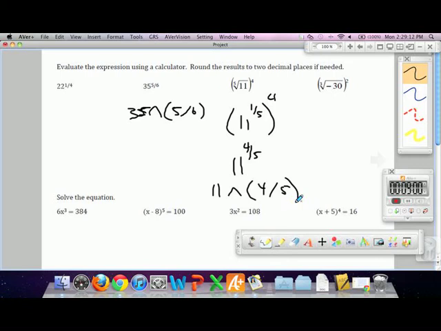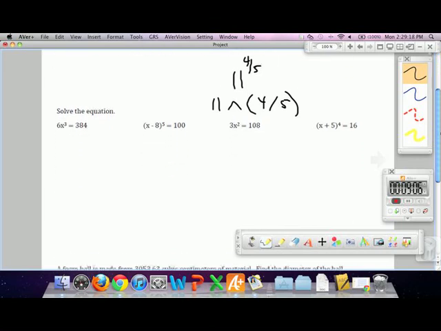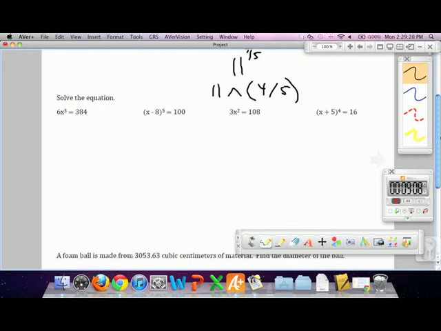If I ask you to solve equations using nth roots, just like when we solve square roots, let's get what's being raised to whatever that power is, whether it's 2 or 3 or 10, the nth power, isolated by itself.